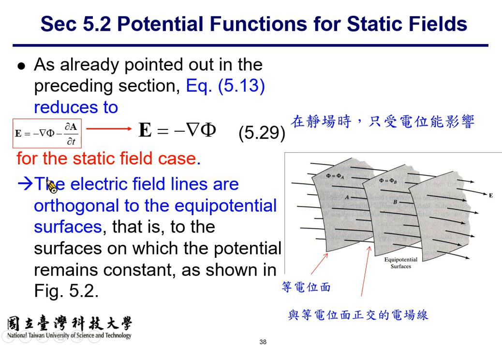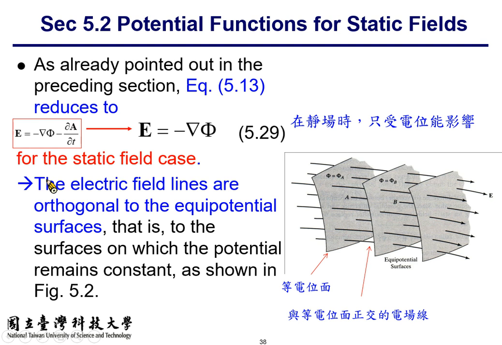However, if you take the gradient of phi, you end up with a vector. Well, what vector? The opposite of E.